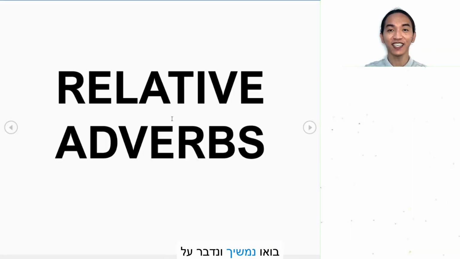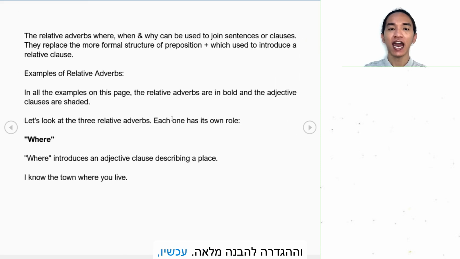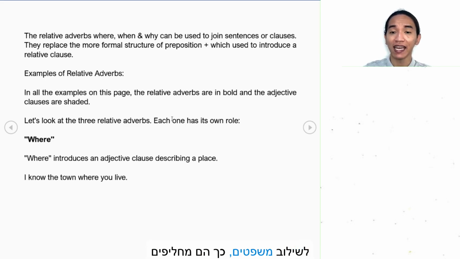For today's lesson, let's talk about relative adverbs. Let's try to understand first its definition so that we can get a hold of its meaning or complete understanding. The relative adverbs where, when, and why can be used to join sentences or clauses. In fact, relative adverbs are used to combine sentences.